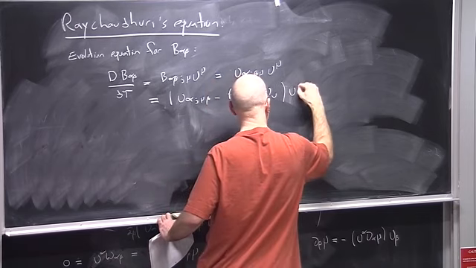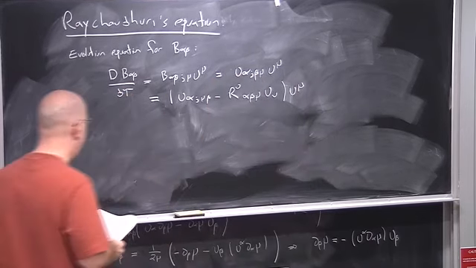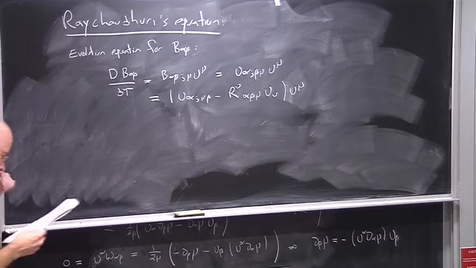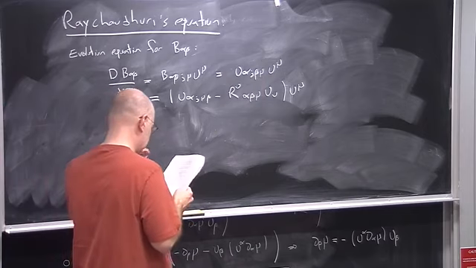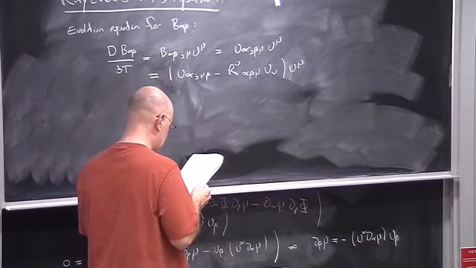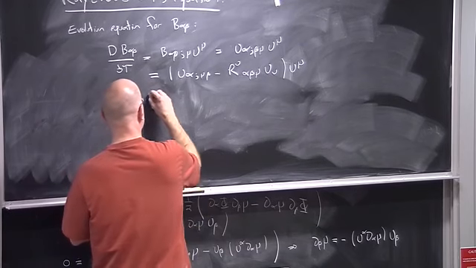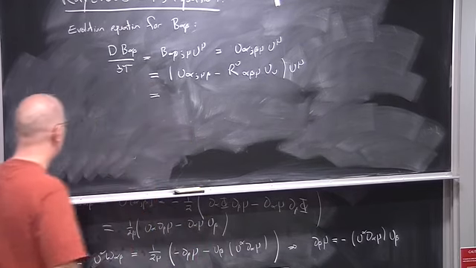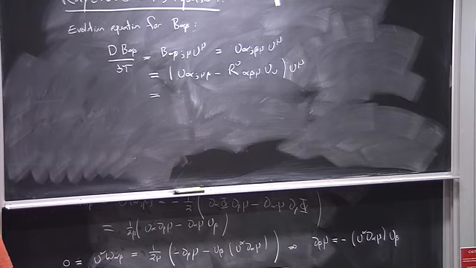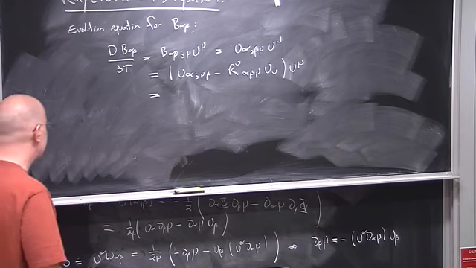And then we have U mu coming along for the ride. Good. I have exactly the same equation as in the book. So I'm going through the steps we went through before when we did geodesic deviation.